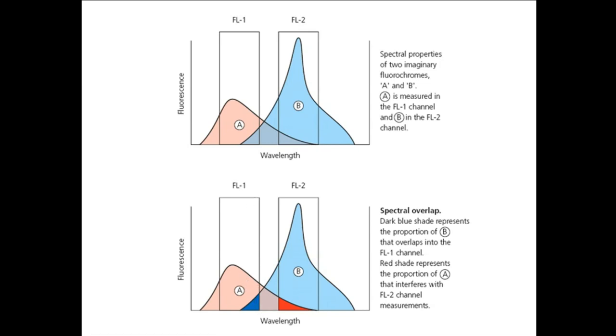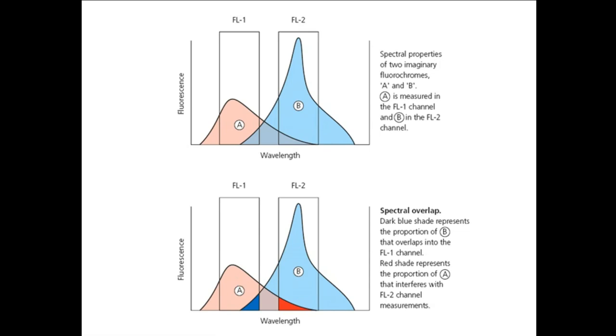What that means is some of the light emitted by fluorochrome B is detected by the detector that's designated for fluorochrome A. Which means that the computer will think that there's more of fluorochrome A than there actually is. It's called a false positive.